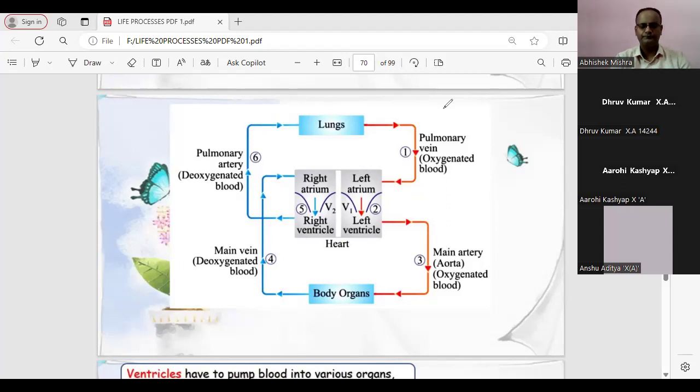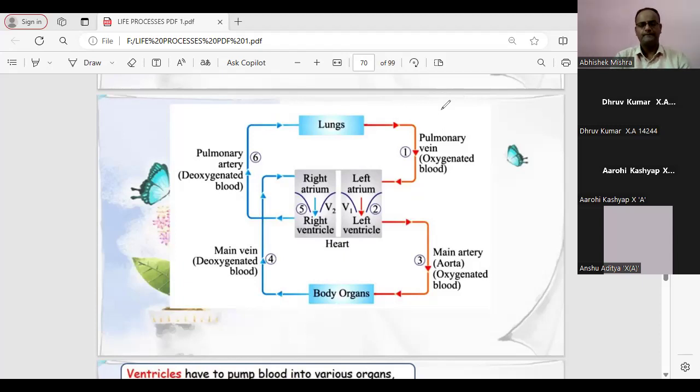Sir, then the inferior vena cava is a tube that brings blood from the lower part of the body, that is deoxygenated blood, and fills the right atrium. When the right atrium is filled up, the deoxygenated blood enters into the right ventricle. From the right ventricle, the deoxygenated blood reaches the lungs through the pulmonary artery.